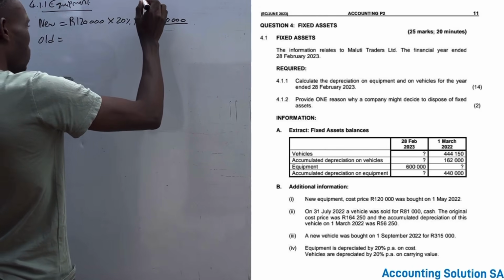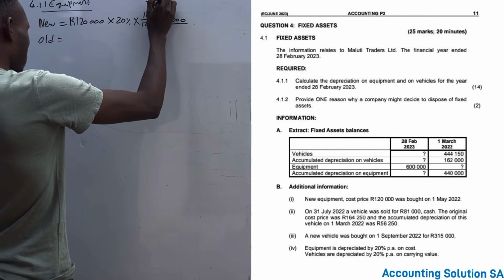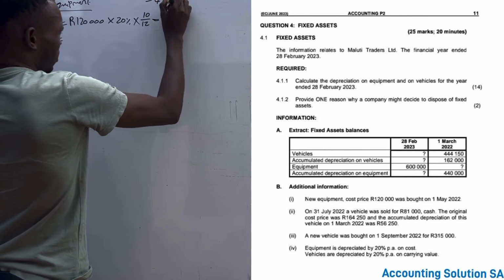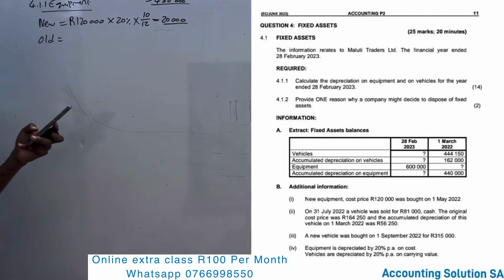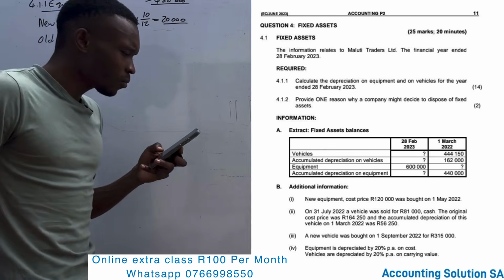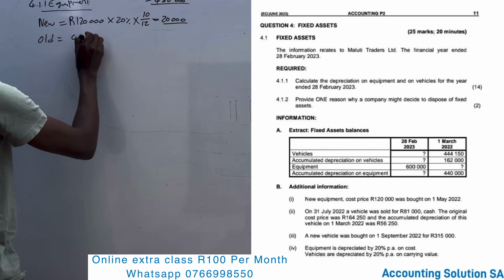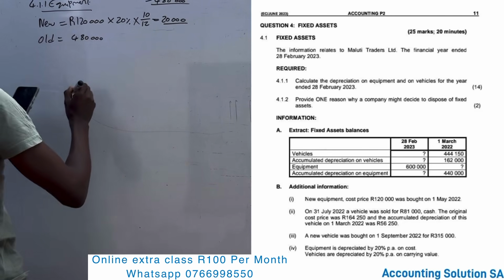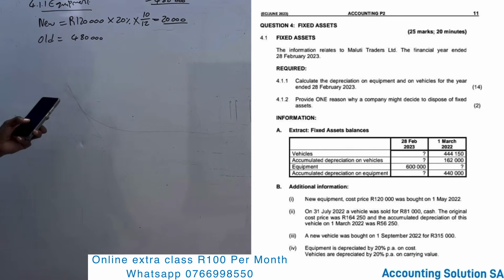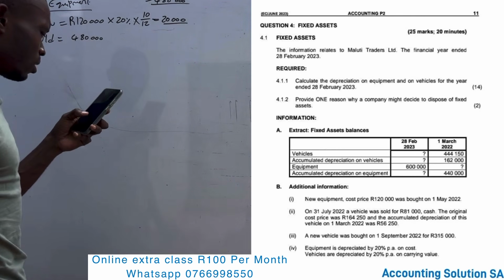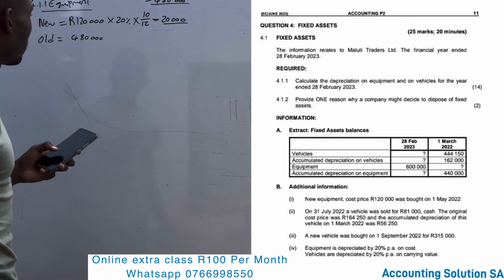which is going to give you an amount of 480,000. Now we have 480,000 as our cost price. Remember, we're using the cost price, and our accumulated depreciation in this case is 440,000.